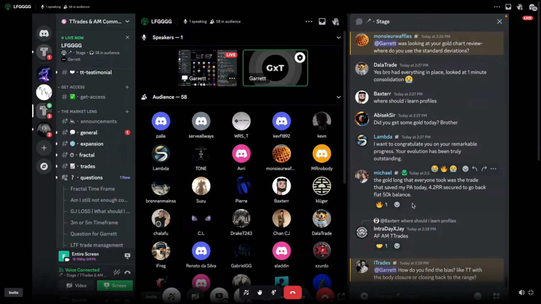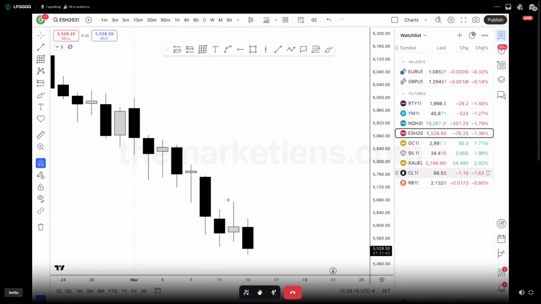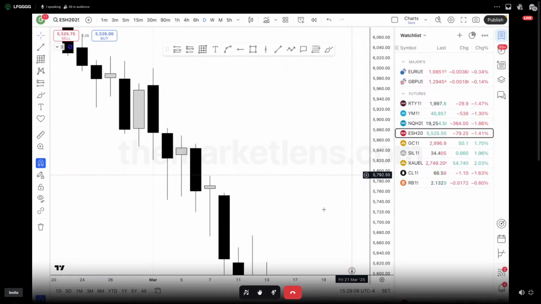How do you find bias, like TT with the body closures? That's one way you can get bias, but it's mainly daily profiles, because I can't have a daily closure and then have a daily profile not aligned for me to get on side. I would need a daily profile regardless. So I can pretty much get a bias from a daily profile by itself almost.